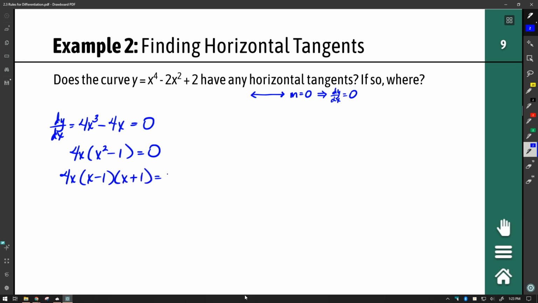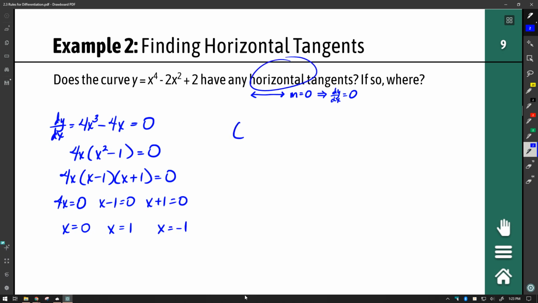So we have our derivative fully factored, and we can set each of those factors equal to 0. For x is equal to 0, x minus 1 is equal to 0, x plus 1 is equal to 0, and have the results x is equal to 0, x is equal to 1, and x is equal to negative 1, so that all the points with these x values, there are horizontal tangents.